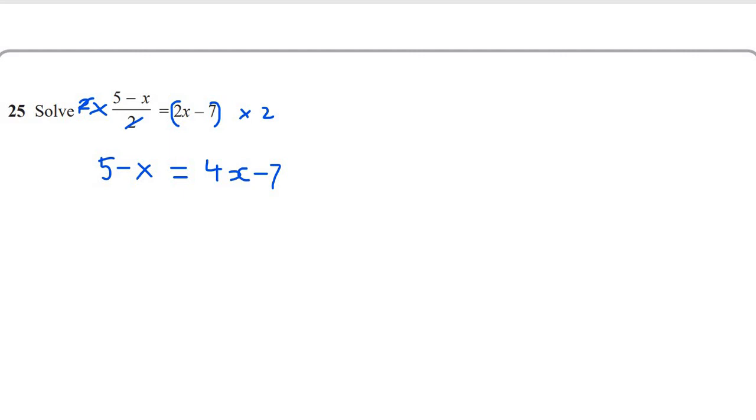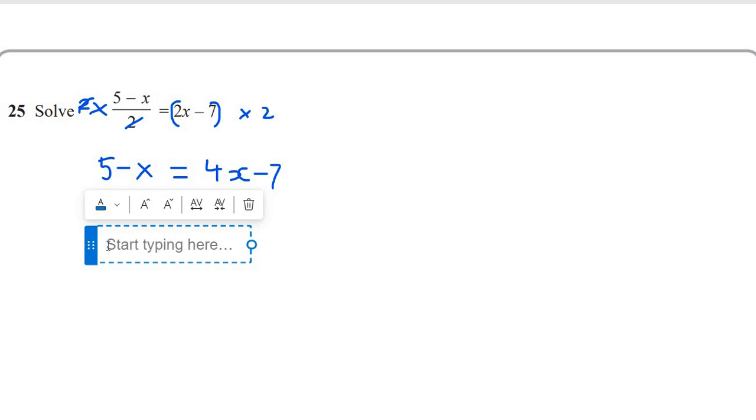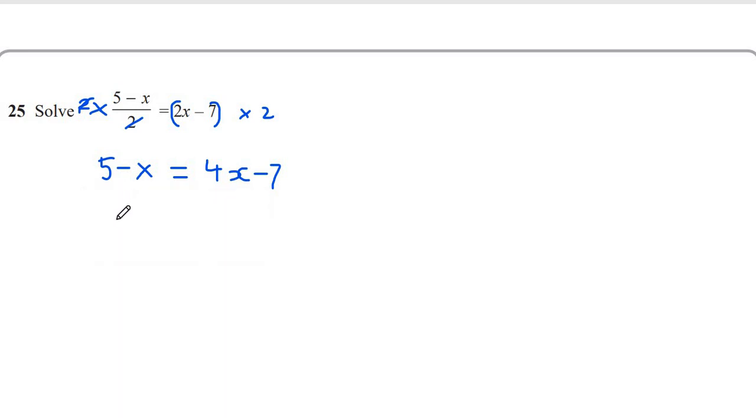And so the next step will be to bring all the like terms together. So we can add x to both sides. So this is gone.